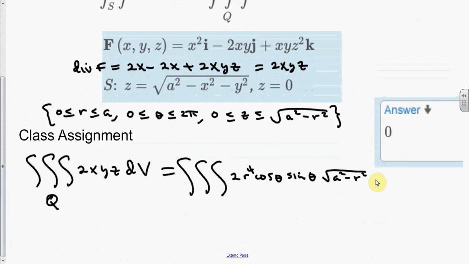Well, this is going from 0 to 2 pi. Right? So I'm going to put d theta first. So this is d theta. Doesn't matter about over here. Hopefully everything cancels out at theta. If not, then you've got the rest of that stuff to work anyway. Okay, r should be last.